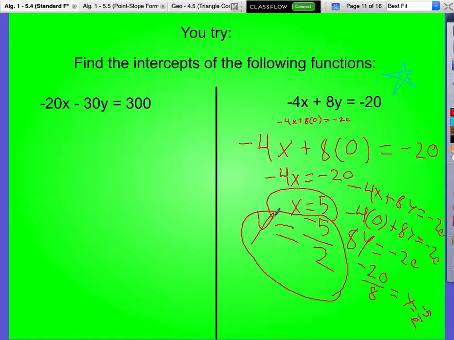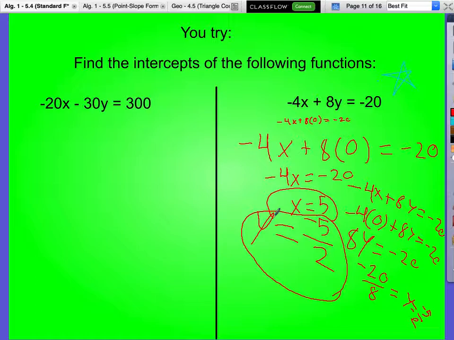Okay, voices off. Nate is going to explain what you did. You have to explain it like Jackie. Class, voices off. I took my negative 4x, and since I decided to look for x first, I multiplied 0 by the 8. 8 times 0 is 0, so I didn't put it in there. Negative 4 divided into negative 20 is 5, because a negative divided by a negative is a positive.